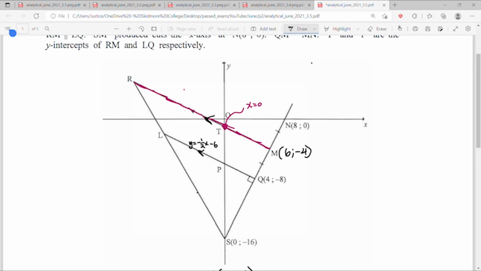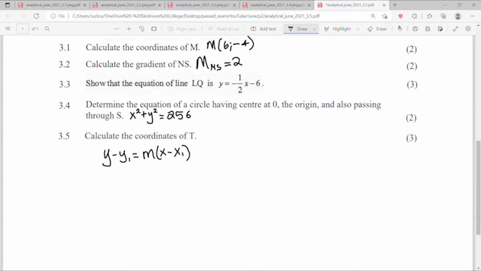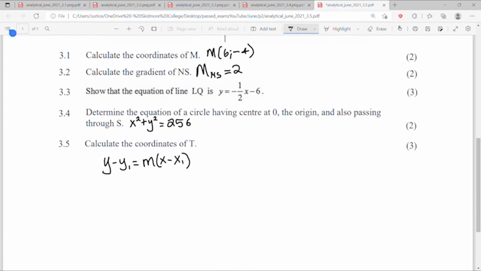Negative 1 over 2. Lines that are parallel have the same gradient. So we're going to say, okay, y minus y1, let's take it step by step, is equal to negative 1/2 times x minus x1.